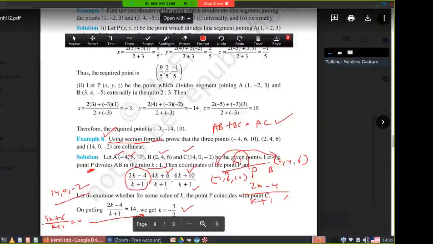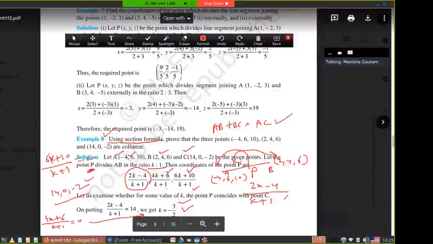If I put 6K plus 10 upon K plus 1 equal to -2, again you will get the ratio -3/2. In all three cases, you will get K equal to -3/2. And this shows that the points are collinear. A, B, C are collinear points. This is one of the ways to do the question.